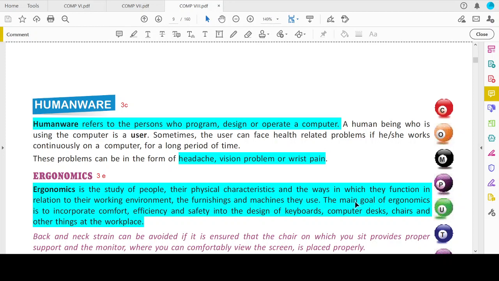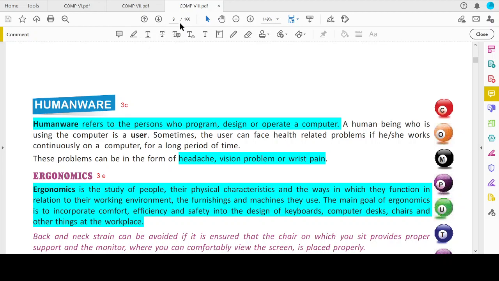The main goal of ergonomics is to incorporate comfort, efficiency, and safety into the design of the keyboard, computer desk, chairs, and other things at the workplace. So every furniture, every device that you are using should follow certain scientific standards of ergonomics, such that it will incorporate comfort, efficiency, and safety into the design. So you have to write your answer like that.